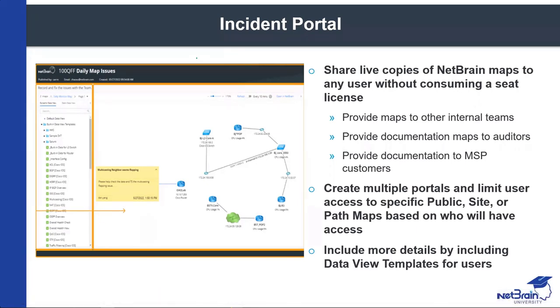You can let them into an incident portal, which allows them to see the maps, to see the IM feed, and then even to contribute to the conversation. It's not going to show them any super detailed or secure data, but it is a pretty cool thing. So that's portal, which sometimes you need, sometimes you don't, but that's the P in SMIP.